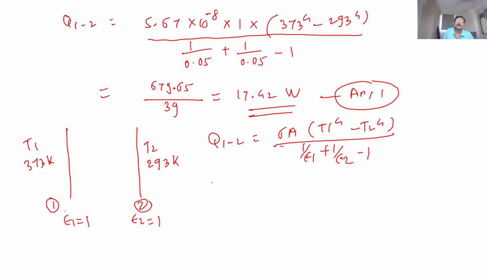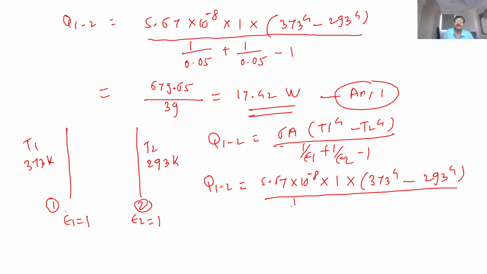Okay, now Q1-2 is equal to sigma 5.67 into 10 raised to minus 8, into area not given so 1, into T1 raised to 4, which is 373 raised to 4 minus 293 raised to 4, divided by 1 by epsilon 1. It is a black body now, so 1 by 1, plus again epsilon 2 is also a black body, minus 1.